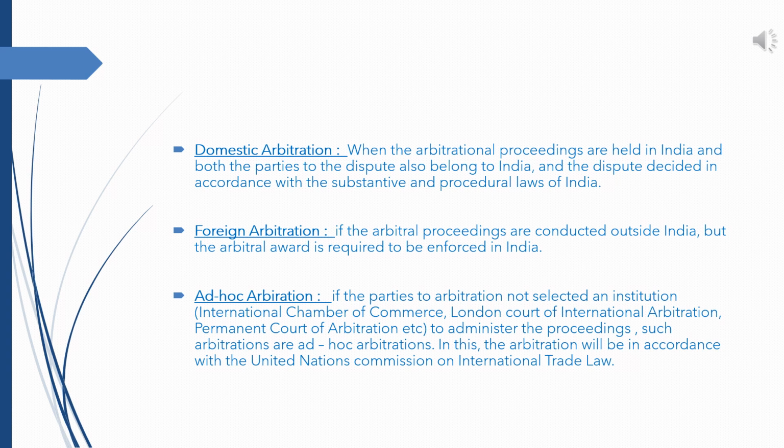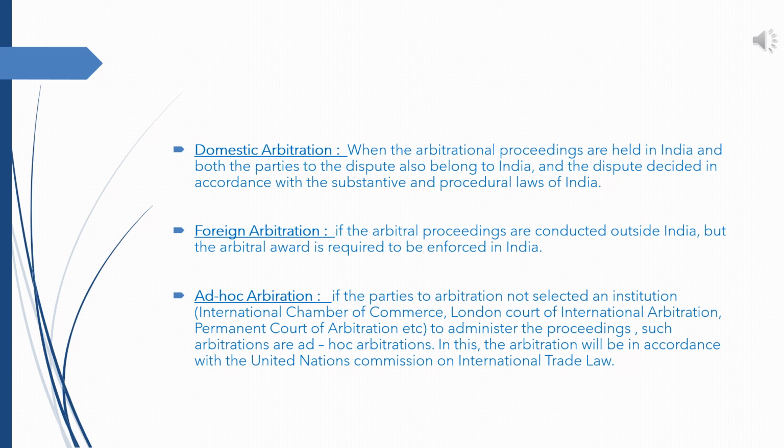Now comes the third one, that is ad hoc arbitration. In ad hoc arbitration, the parties agree that they will not select any particular institution to administer the proceedings. Institutions like the International Chamber of Commerce, London Court of International Arbitration, or Permanent Court of Arbitration, etc. The parties will not select any of these institutions to supervise or monitor the proceedings.